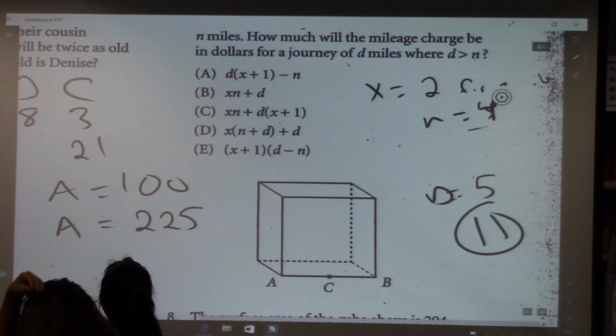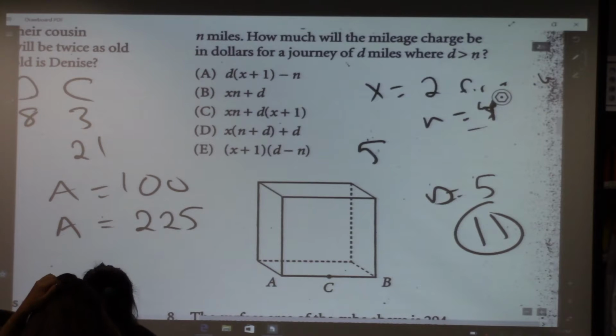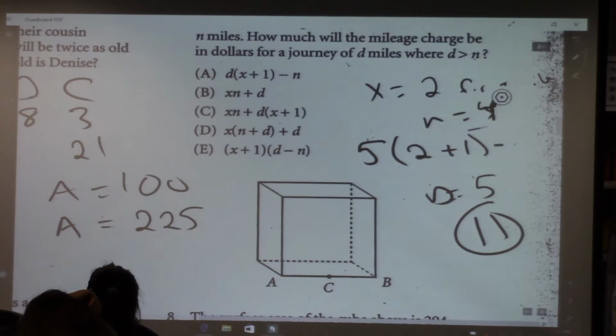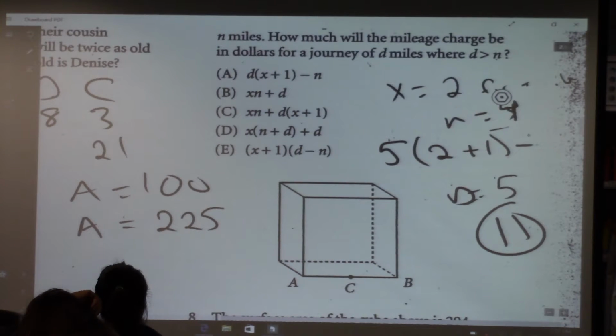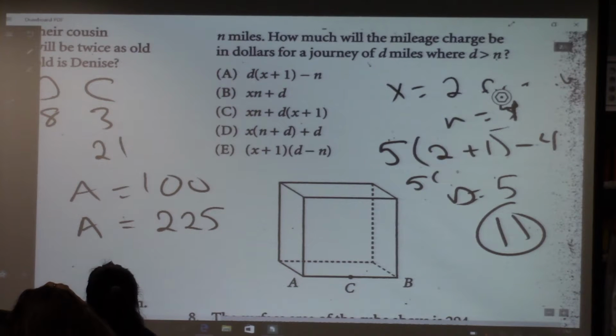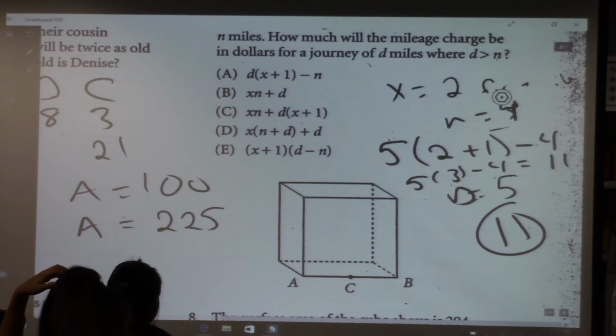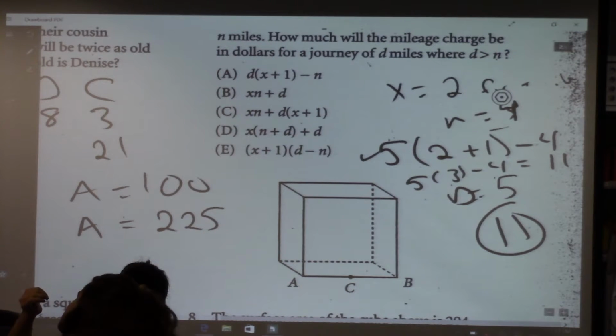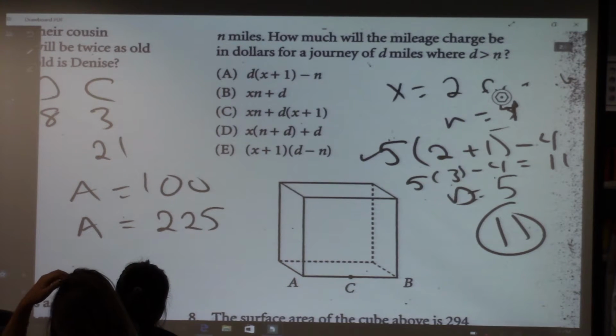So if we start off with D, which is 5, and we have our X, which is 2, plus 1, minus our N, and our N is 4. Right? So 5 times 3 minus 4 gives us 11. And I'll tell you that is the answer. Okay? Raise your hand if you got that before we went over the strategies.